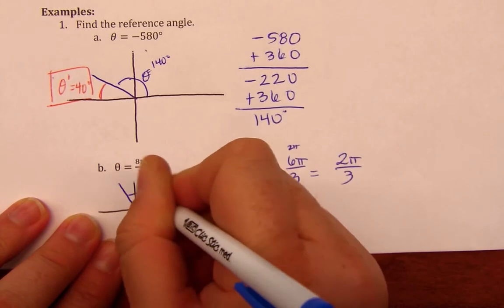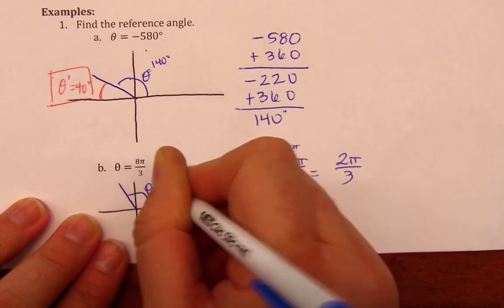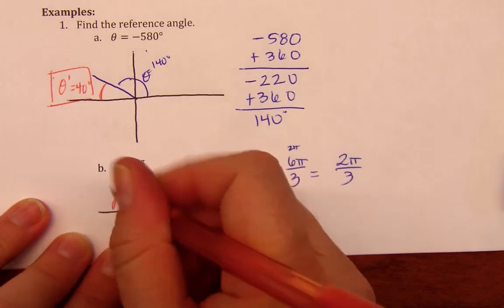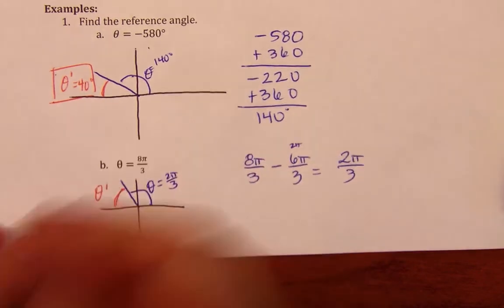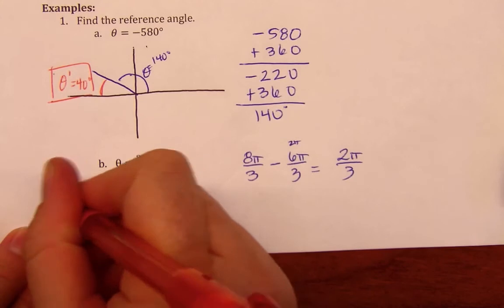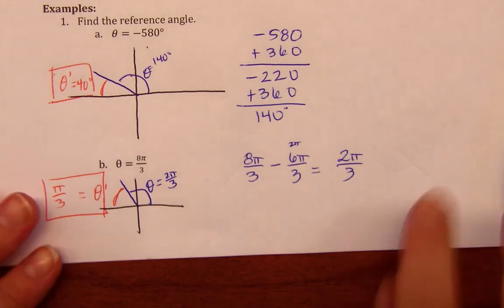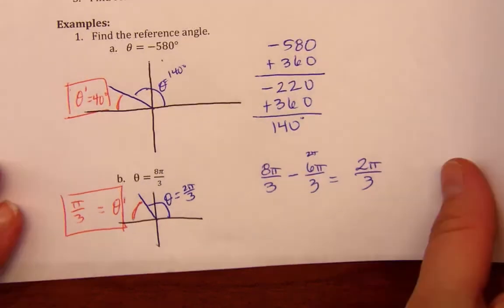That's right here. So then my reference angle is going to be pi over 3. Okay? So that's how we do it if our angle is bigger than 360 or less than negative 360.